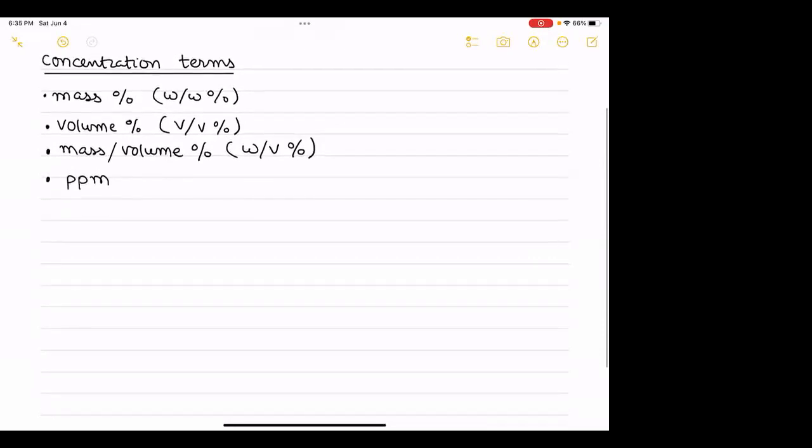Okay, so ppm is by mass and by volume. Basic definitions you all know. Molarity, you know. Molality, you know. We will discuss it quickly.